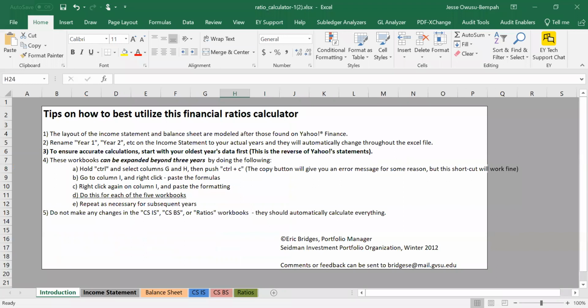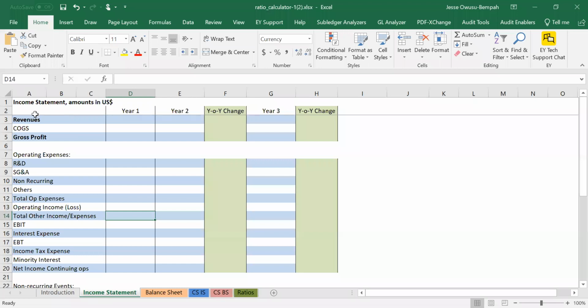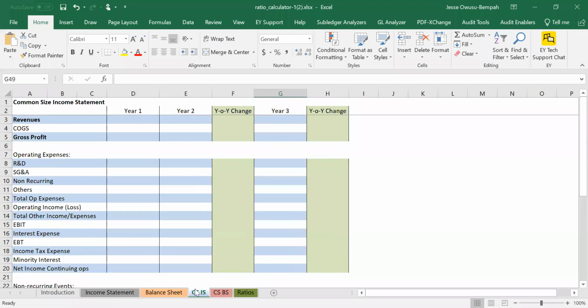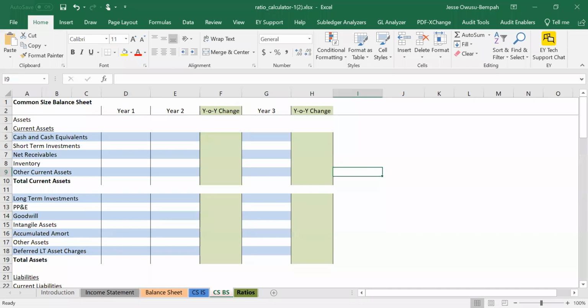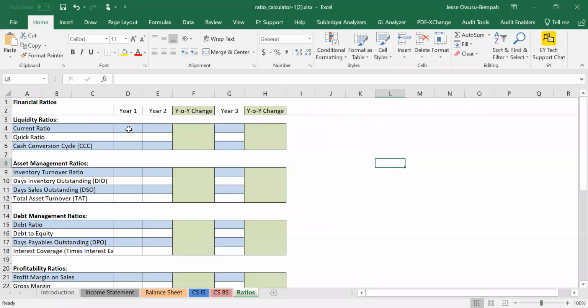It's a ratio calculator, and basically if you populate everything here, the ratios should automatically calculate because everything has been done and Excel has done everything for you.